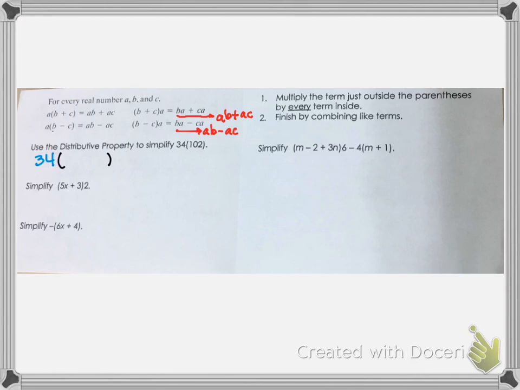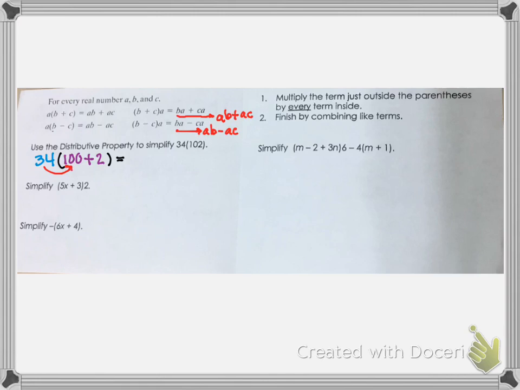And so the easiest way to do math is if we go into place values. So I have 100 plus a 2. Okay? Now, when I do this math and I distribute, I'm going to multiply the 34 times the 100.